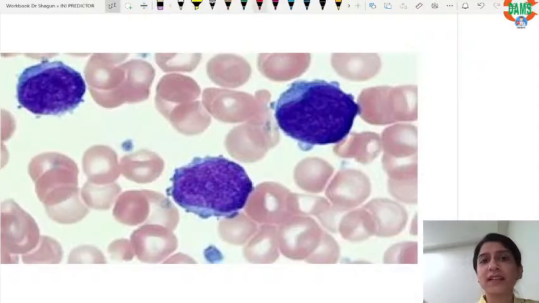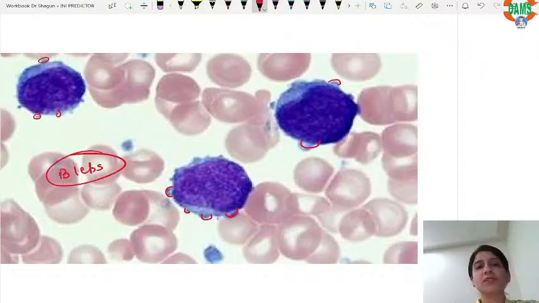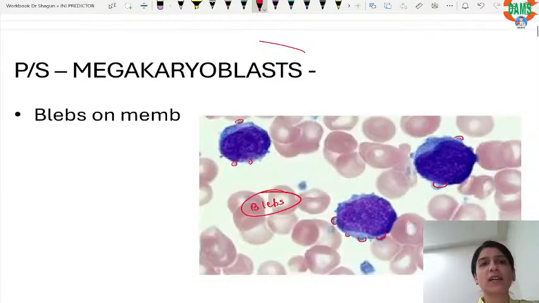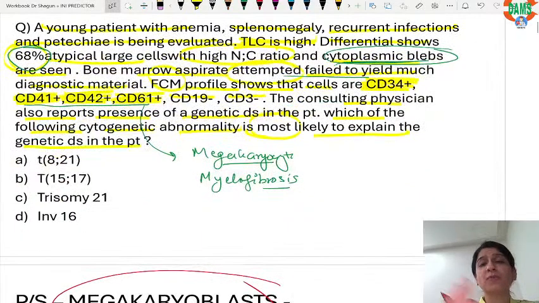This I always tell in my lecture, that by the presence of blebs. What are these blebs? Yes, these are the blebs present on the membrane, and the moment you see blebs, that means I am talking about the megakaryoblast. That means from all this information, my flow cytometry is also telling me megakaryoblast.